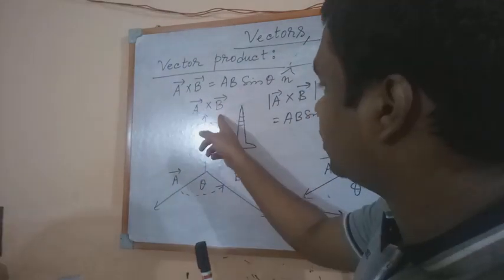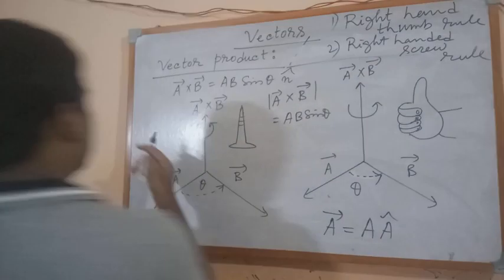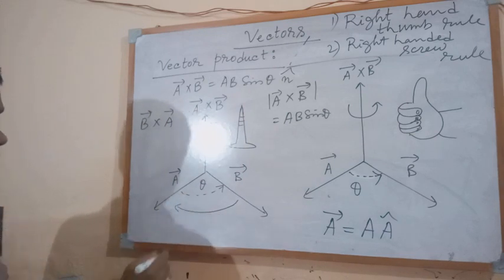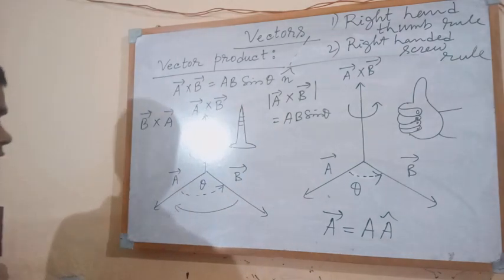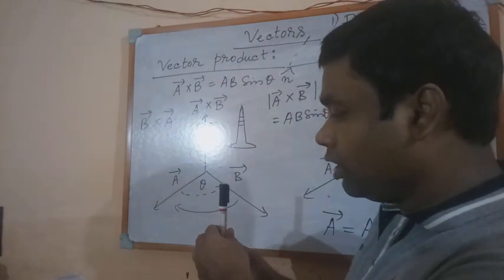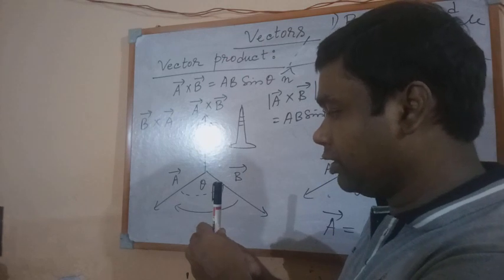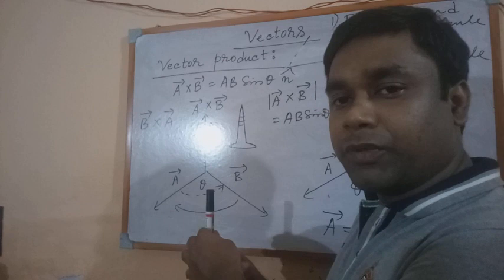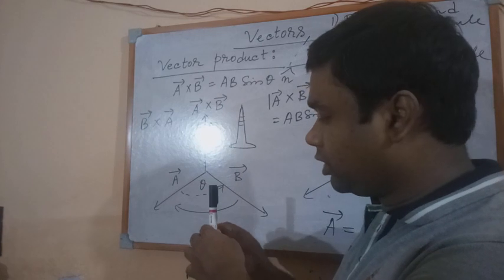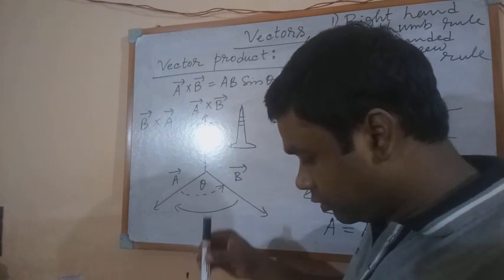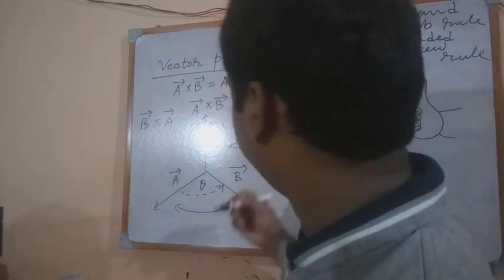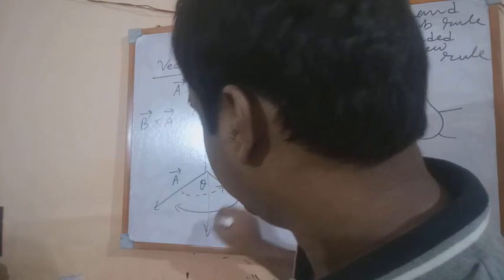If we take B vector cross A vector, then the direction of rotation is from B vector to A vector. So the direction of rotation of the pen is opposite to the previous direction, and the direction of advancement of the screw is downward. So the direction of B cross A is along this downward direction.